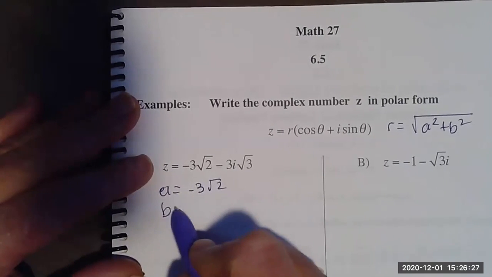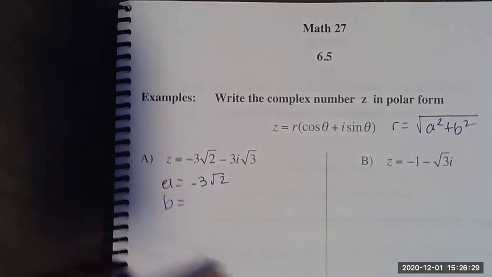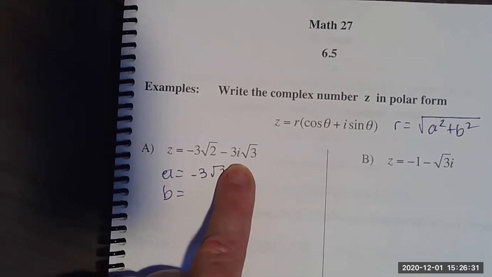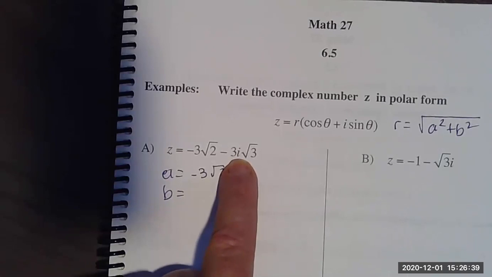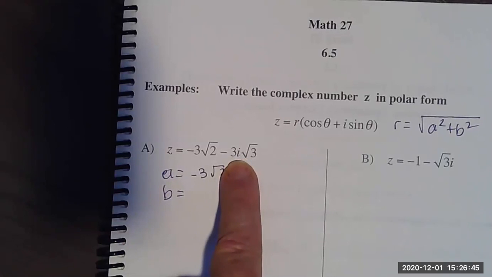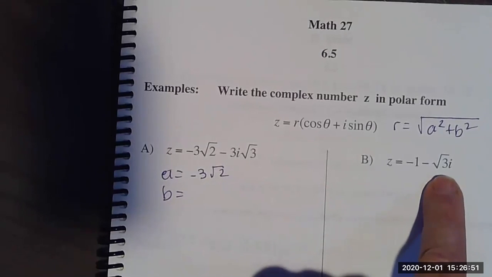B is equal to, now because this is interesting, sometimes I throw the i over there, and you've seen that from the author before, the back of the book. Like the answers are imaginary when you solve quadratic. He would put the i to the left of the radical in between numbers, and I didn't like that. I like it like that.